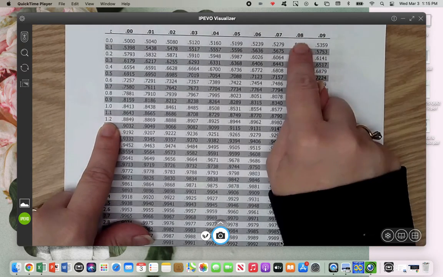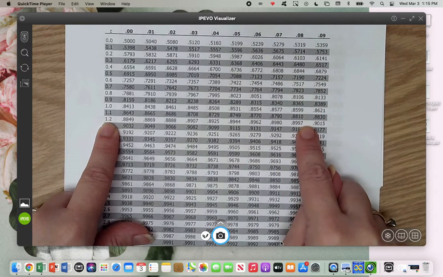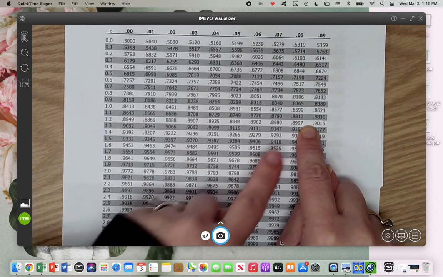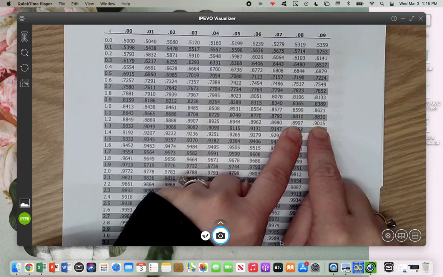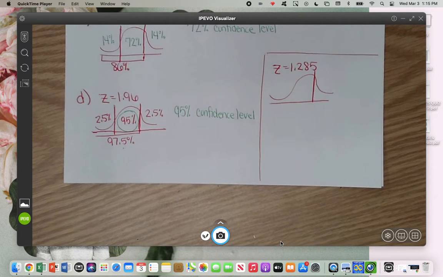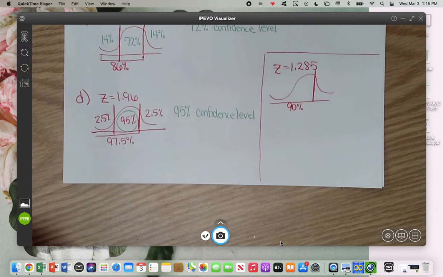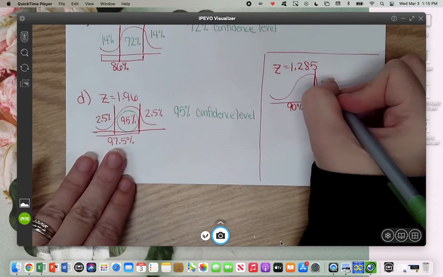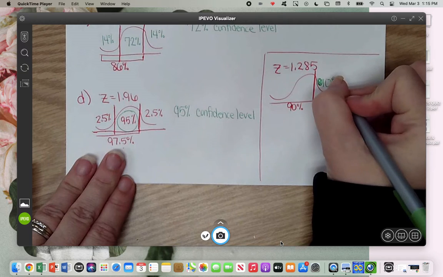Now 85 would be in between 1.28 and 1.29, so right in the middle there. If you can see, super close to 90. This one's just a little over 90. So right in the middle, we can assume that that's an even 90%.